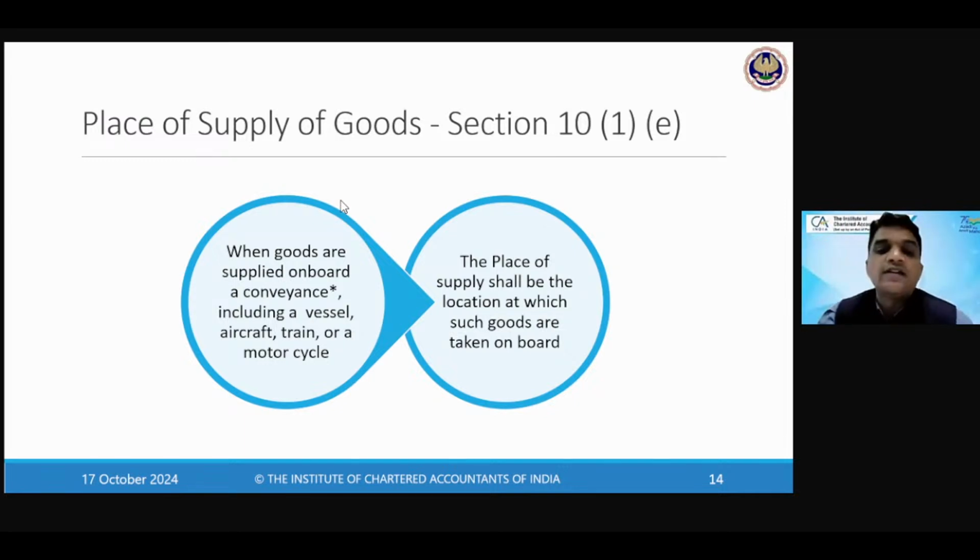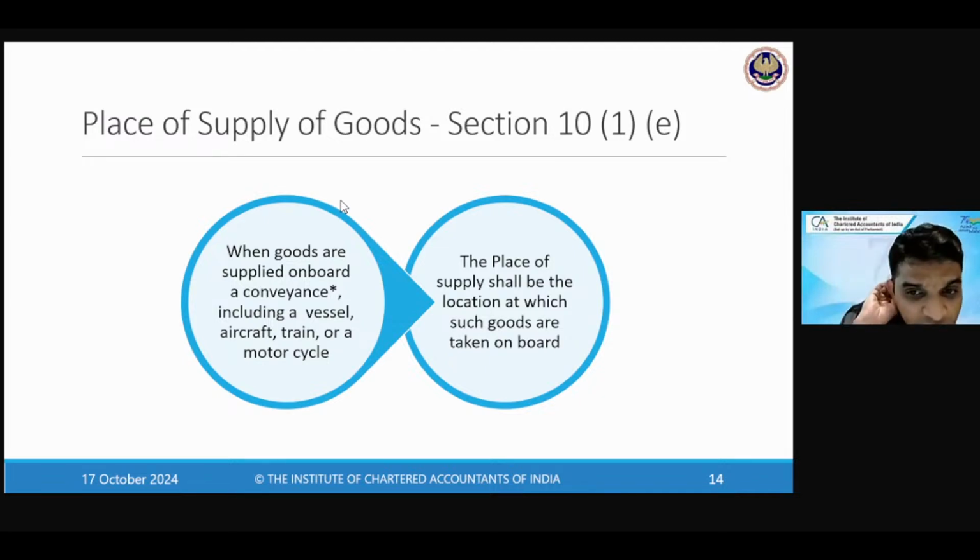The place of supply shall be the location at which such goods are taken on board. Okay, you are traveling on a train and you have bought something. Now, what is the place of supply of those goods? We're not talking about services, we're talking only of goods now.